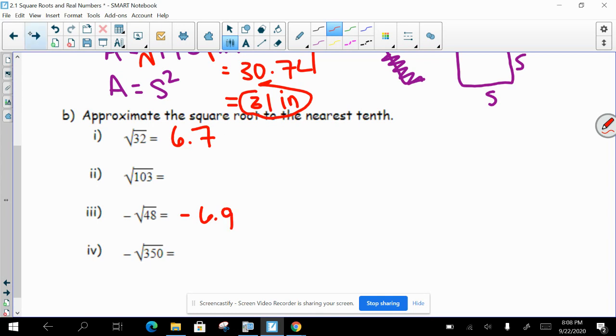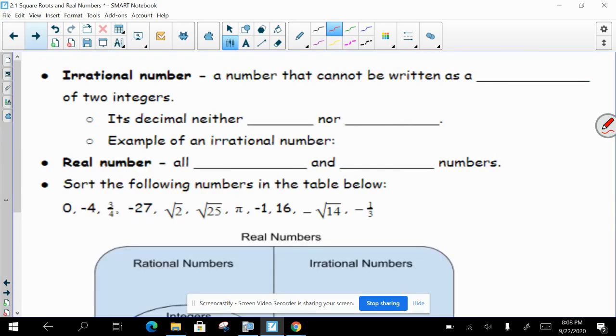All right, so let's go ahead and move on. Let's talk about the different kinds of numbers, real numbers. So what is a number that's not real? Well, you may or may not have heard before, this is just a side note here, of an imaginary number.